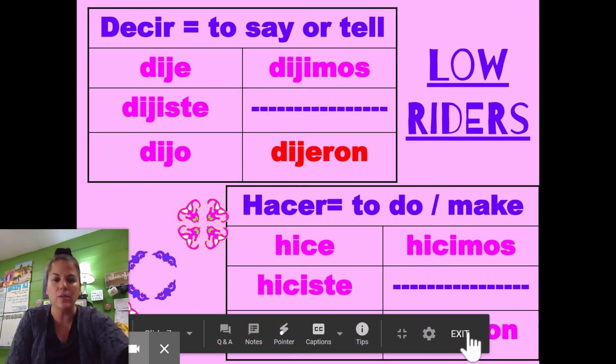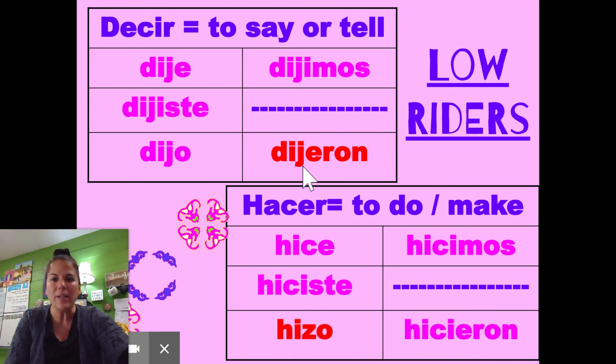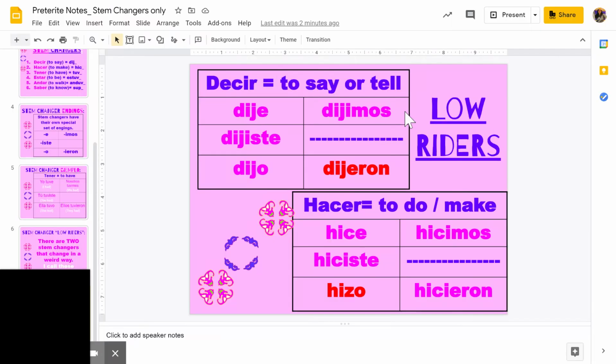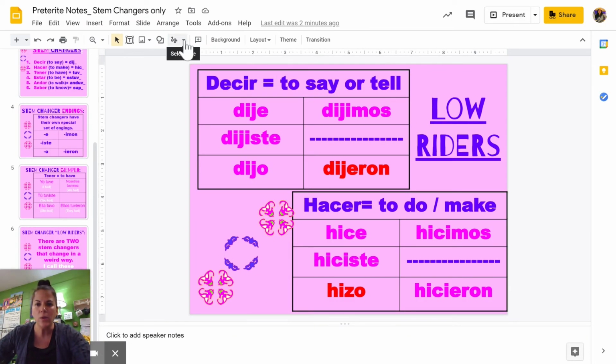You can compare it to, I eat this bar. I don't know how to move the bar, but it's supposed to have an I there. So I do want you to write this down. Sorry, my computer's really slow. So it's supposed to have a little I here, dijeron, but for some reason it loses an I.